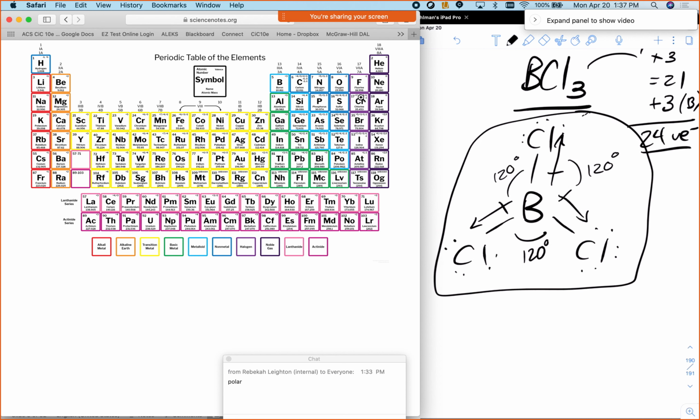So what do you think? If you have something in the middle, and then you've got 3 people around you pulling, so you've got somebody out here, somebody there, and then somebody here.